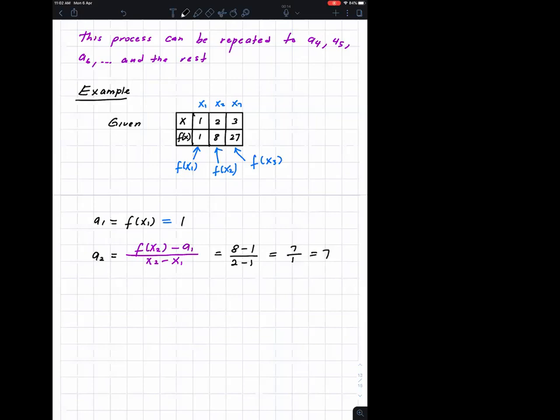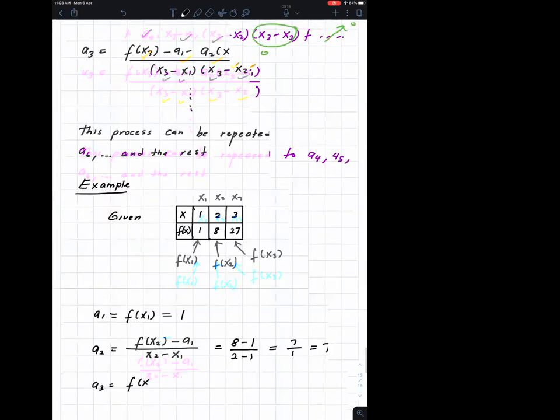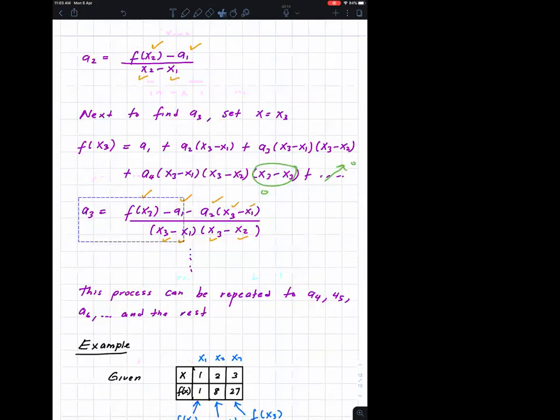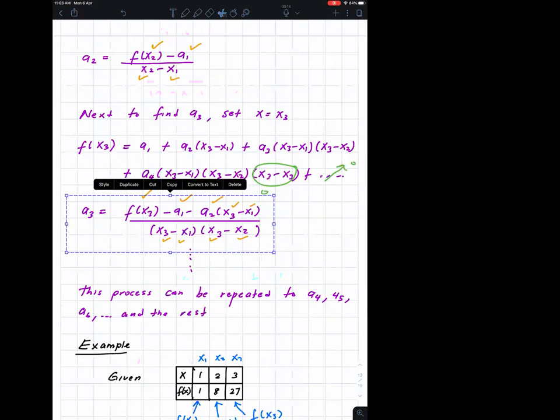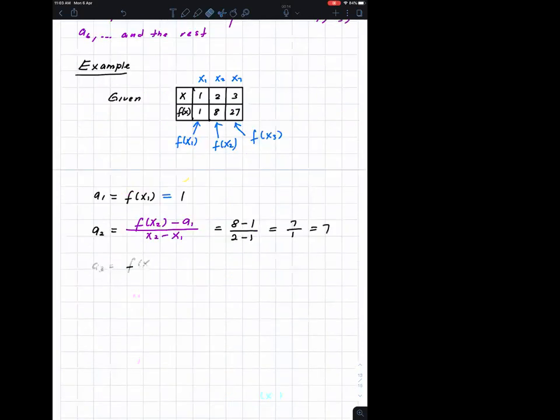Similarly, A3 can be found using that formula. Okay, let me copy and paste this tedious formula. That's why we want to use programming. In programming, when things become tedious, let the program do all these computations.